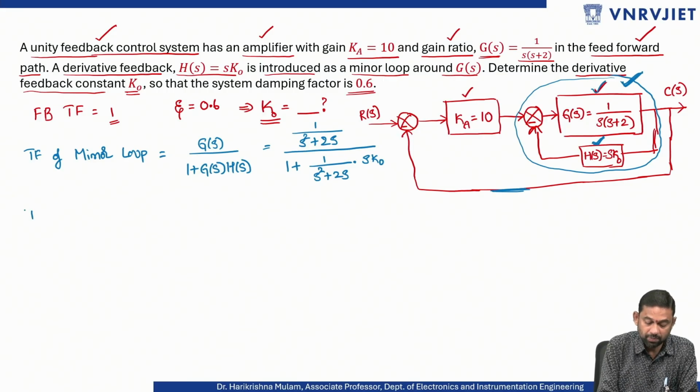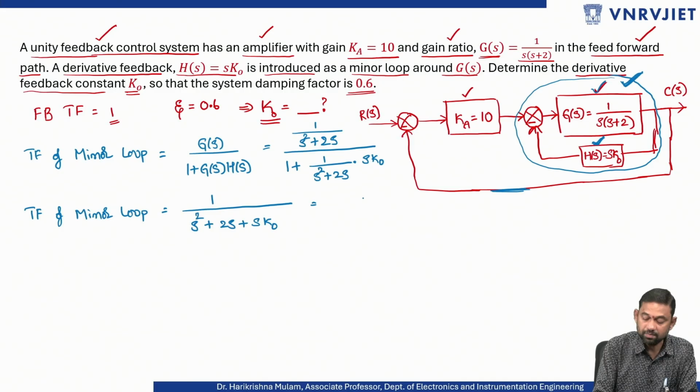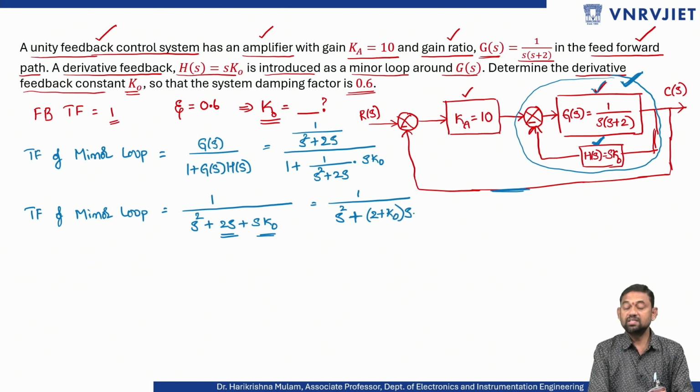If you simplify this expression, the transfer function of the minor loop has numerator 1 and denominator S square plus 2S plus S K0, which can be written as 1 by S square plus, taking S common between these two terms, 2 plus K0 into S. This is the transfer function of the minor loop.